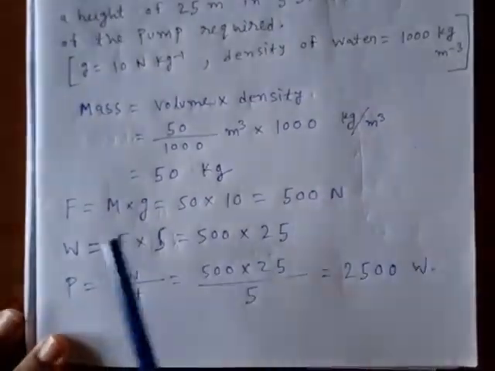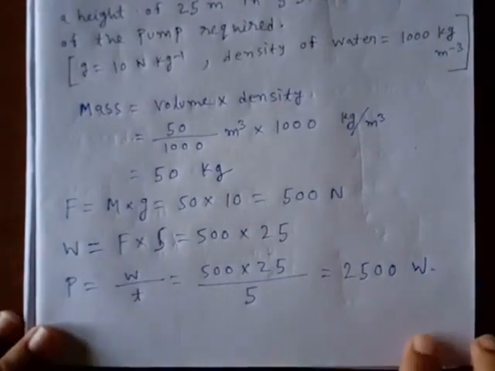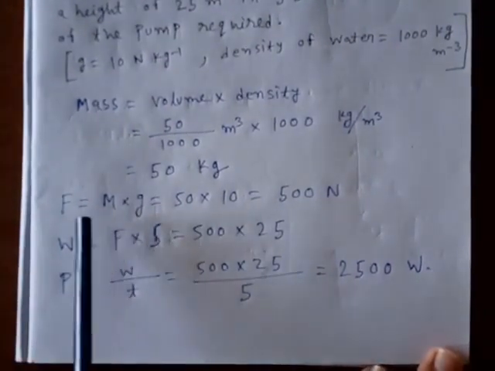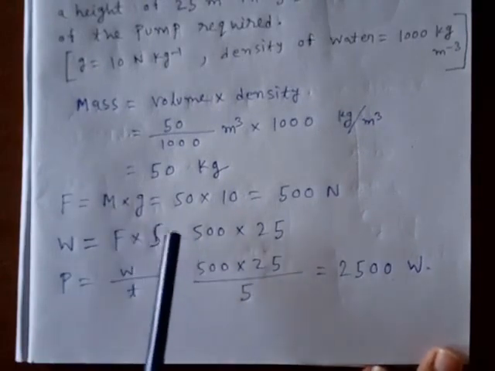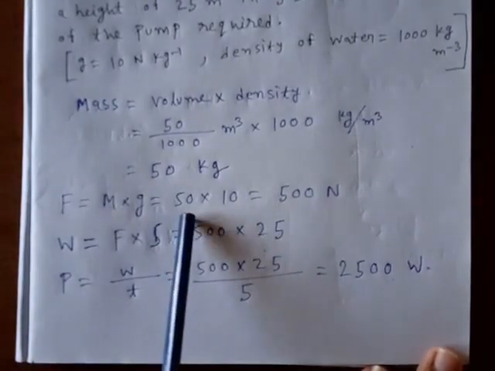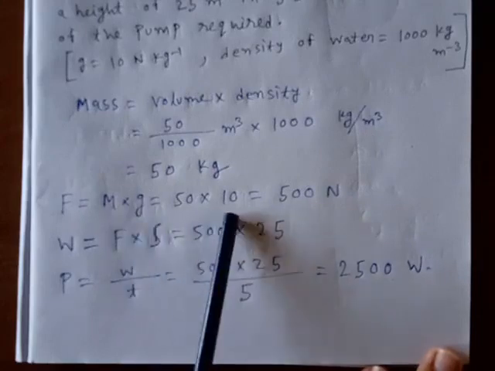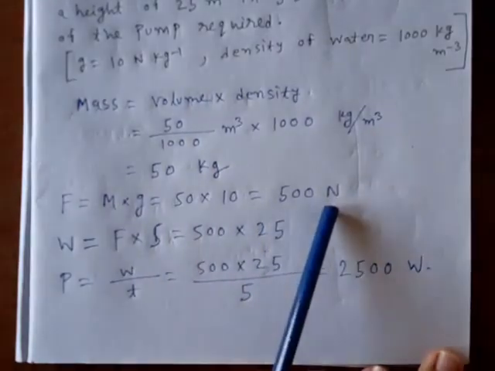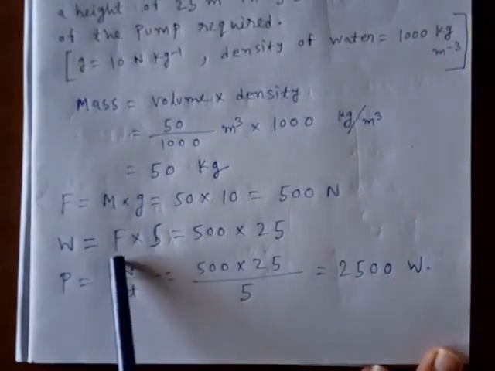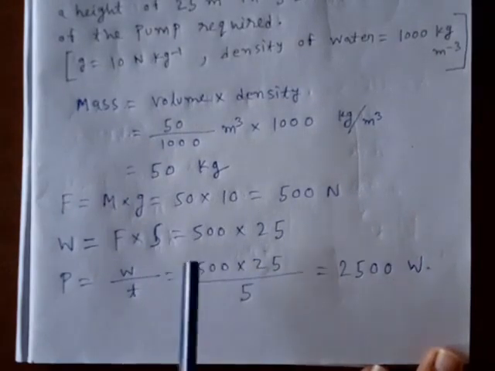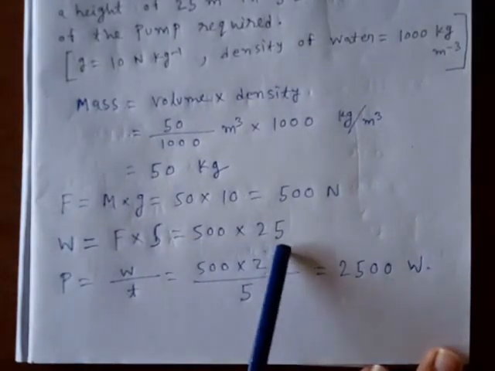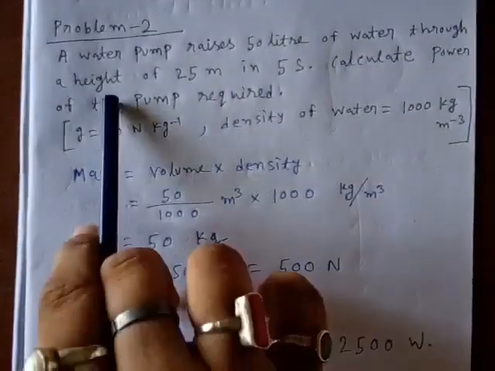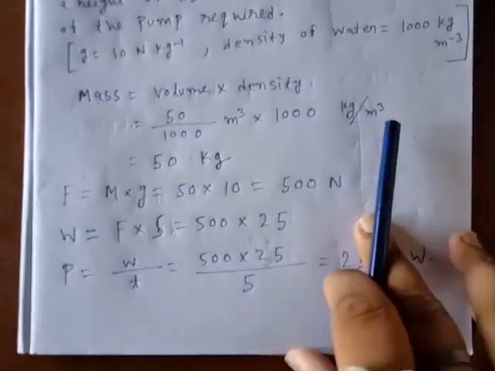So the minimum total force applied by the pump is M multiplied by G. M is 50 kg and G is 10. So the total force required is 500 Newton, and work done is given by F multiplied by S. So 500 multiplied by 25 meter, because here the height is 25 meter.